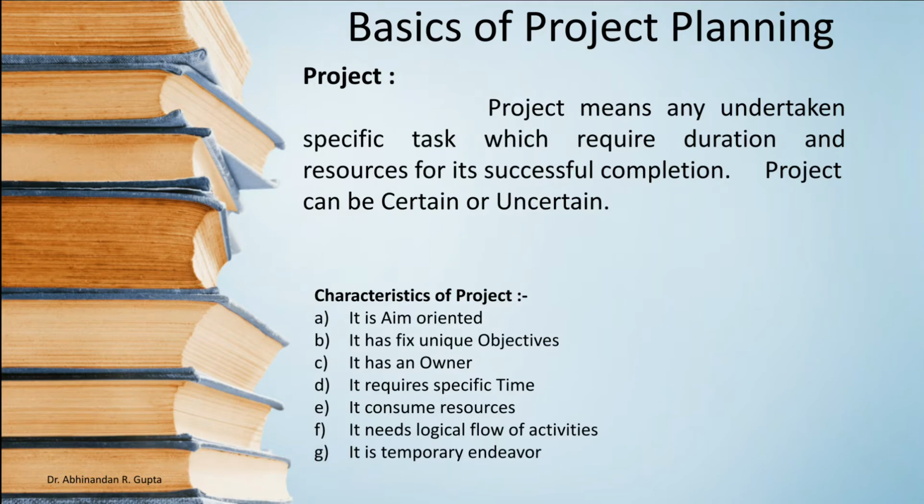There are various types of resources, and we will take a quick glance at them also. It needs a logical flow of activities. Activities means the specific tasks that are undertaken to complete the project. It is a temporary endeavor. It means that any project which starts is supposed to be completed and end, and thus we say it is a temporary endeavor.